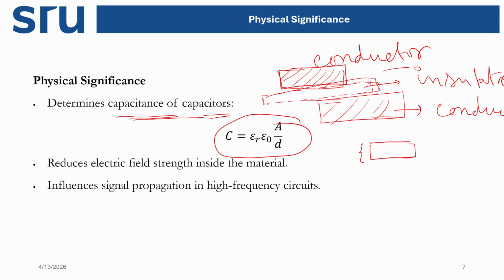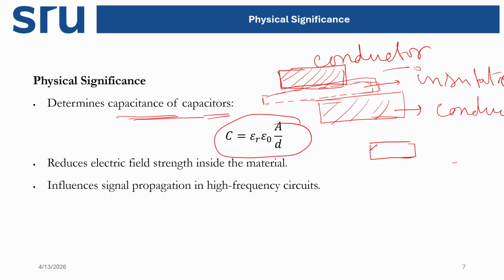Let's say this is D and this is L. Then area equals D times L. This is our area, and d is the thickness, or let's say we'll call it L.